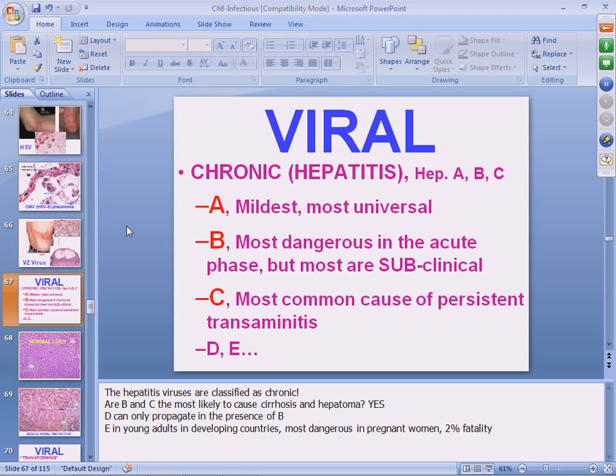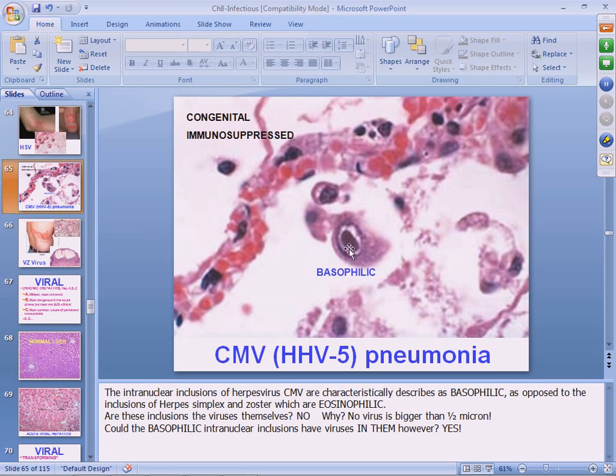I'll tell you something else too, now that you brought this up. A lot of times when you know that there's a viral disease, especially now in the herpes family, and you know that it's infecting a cell or a nucleus and causing a big inclusion, your tendency is to think, whoa, well, that's the virus. I want you to remember again what we said a couple of times, that no virus is bigger than half a micron.